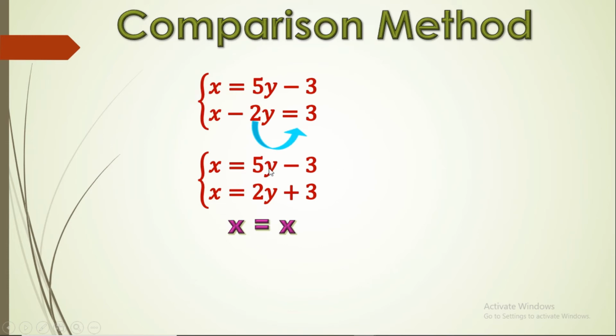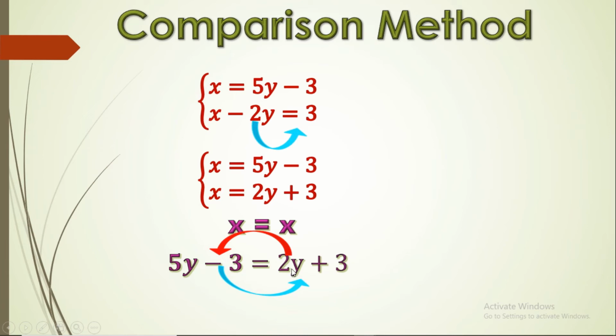Now, can't we say then that 5y minus 3 is equal to 2y plus 3? So we can just solve this equation. As you see, it contains one unknown, which is y. So we group the unknowns on one side, we move 2y to the first side, and the numbers to the other side. So minus 3 also, we move it to the other side.